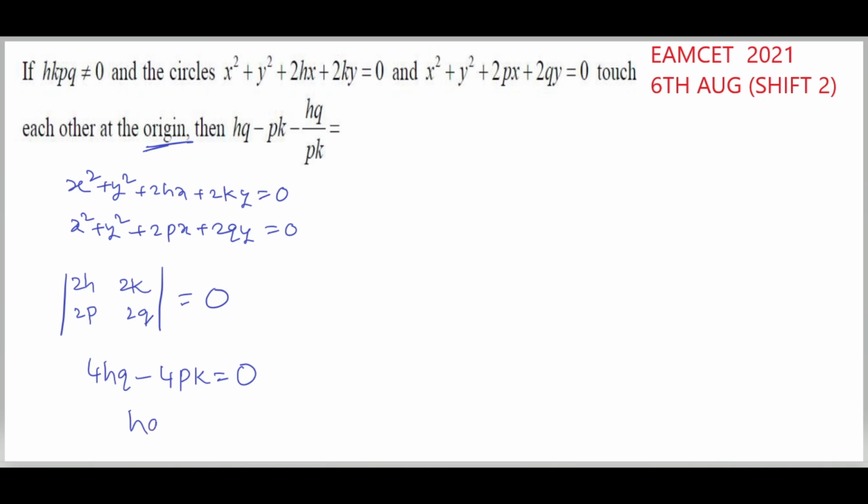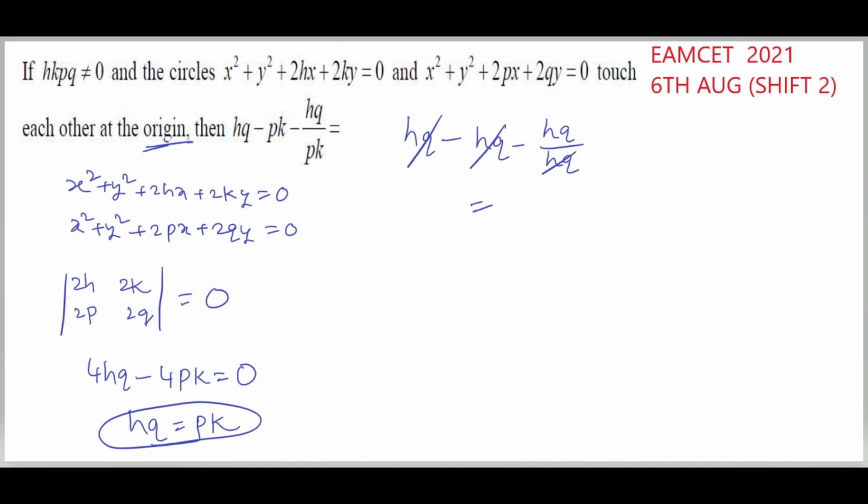From this, hq is equal to pk. So substituting this in the given, that is hq minus pk, the value is hq minus hq by pk, the value is also hq. Here hq cancelled, so that is equal to minus 1.